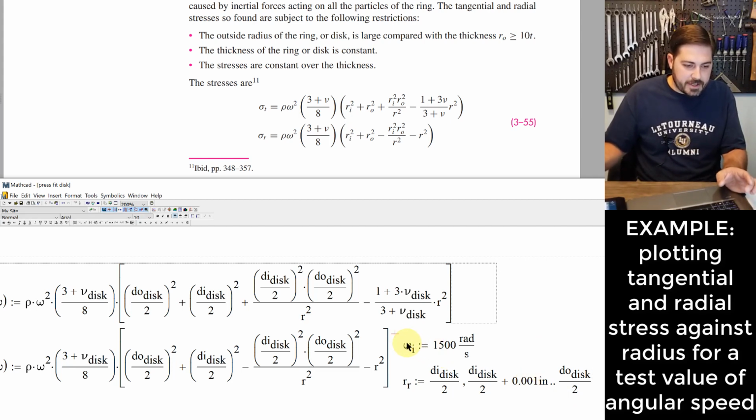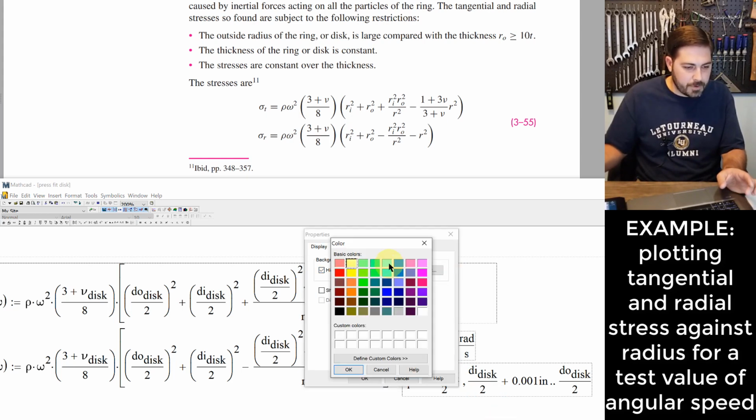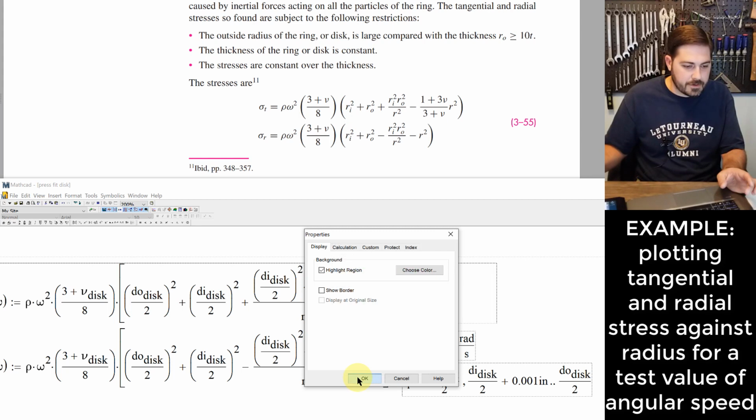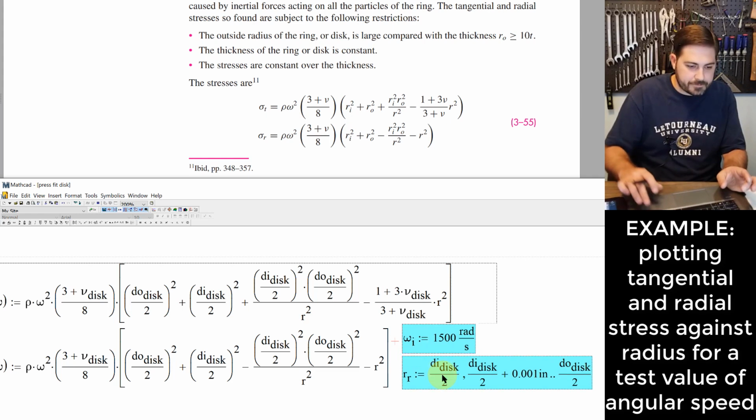And because these are kind of special variables here, I'm going to highlight them a little bit differently. Let me put those in this color here. These are sort of a range variable and then a test value for my speed. Put those in there like that.